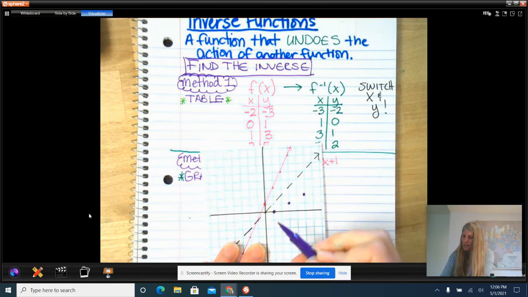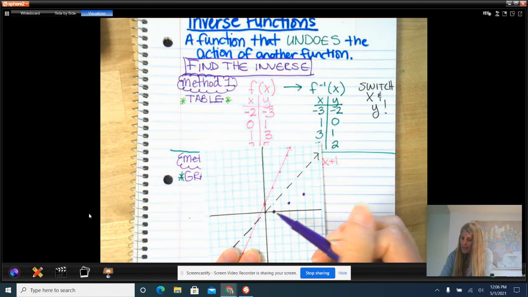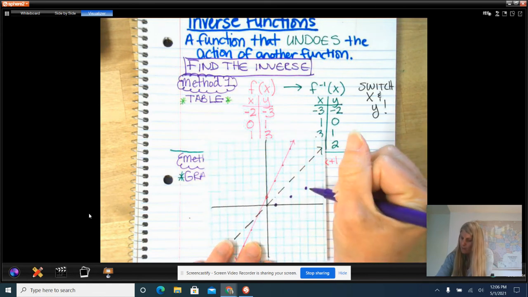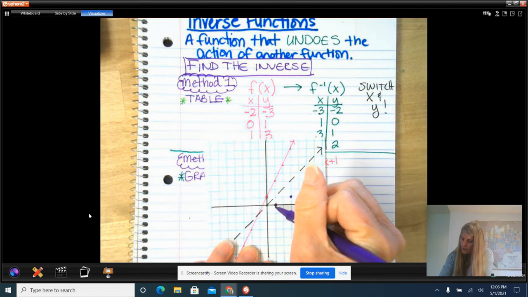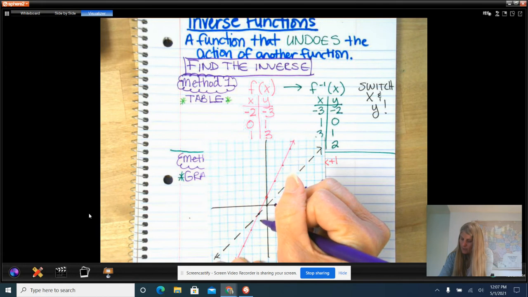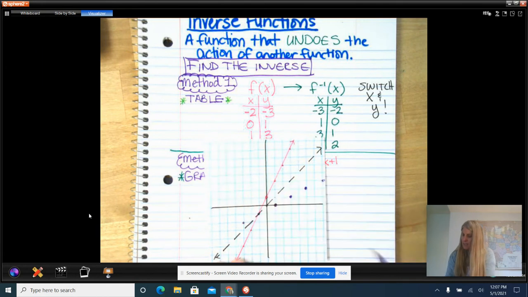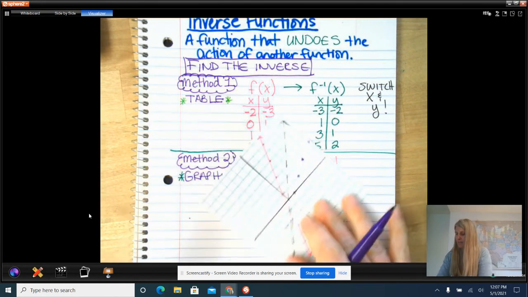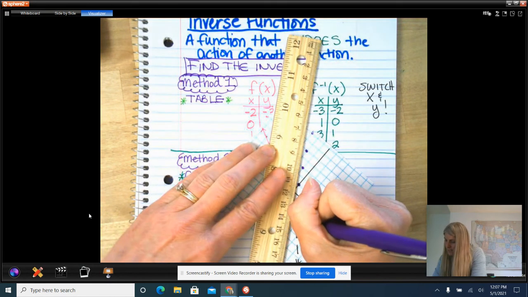So as you can see, I have a slope of up 1 and 2 to the right. I can go up 1 and 2 to the right, and I can go down 1 and 2 to the left, and I can continue that slope for my inverse line. Then we're going to go ahead and connect those.